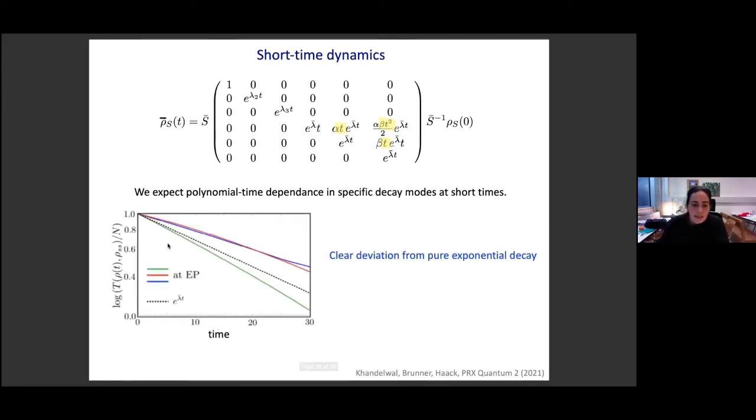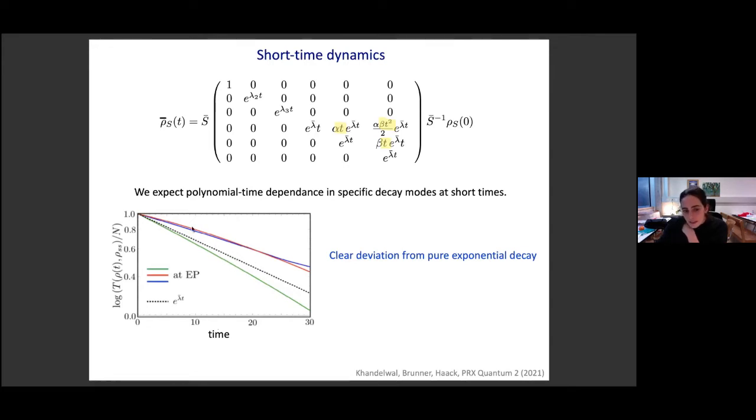So indeed, here I show you, I will introduce this measure a bit later, but just to tell you that if one would expect a purely exponential decay, one will get the dashed black line. But if you choose certain initial states such that you're able to probe this polynomial dependence in time, then you get a clear deviation compared to this pure exponential decay.